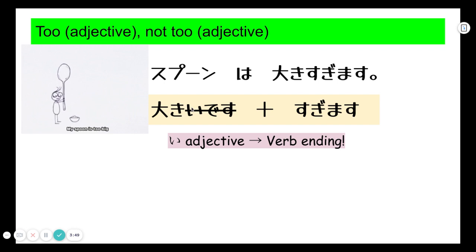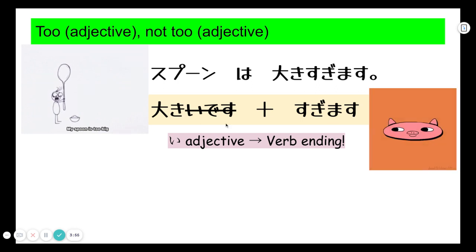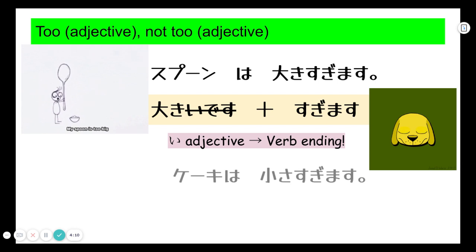You get rid of that い ending and then you add すぎます. Oh my goodness, here it is. い adjective is turning into a verb. Morph alert, morph alert. So this is the opposite of the 使いやすいです, にくいです. Does that make sense?